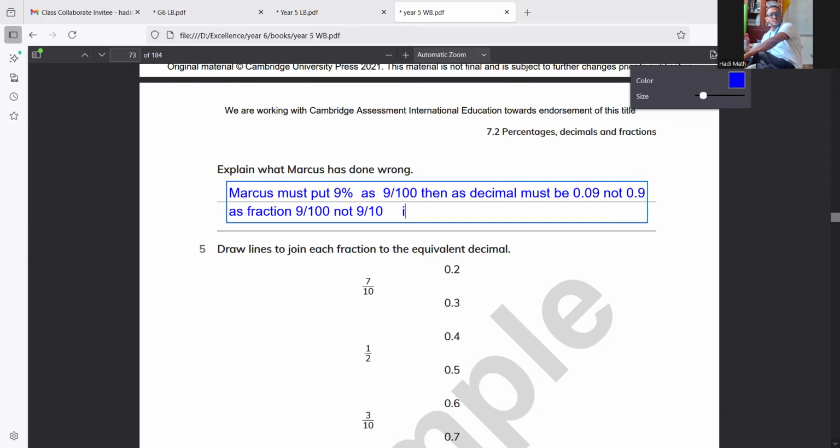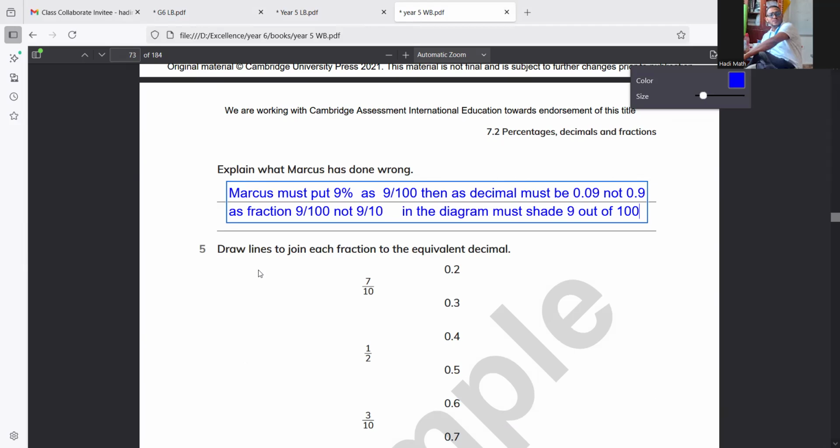And in the diagram, he must shade 9 out of 100, not out of 10.